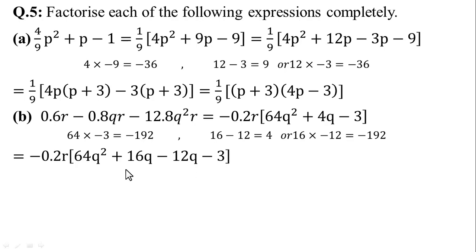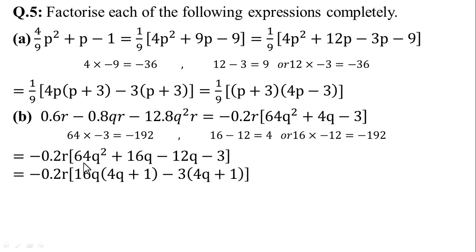Now taking the common in the first two terms, both are divisible by 16q, so 16q is common; 16 fours are 64, and q, so the remaining term is 4q plus 1.